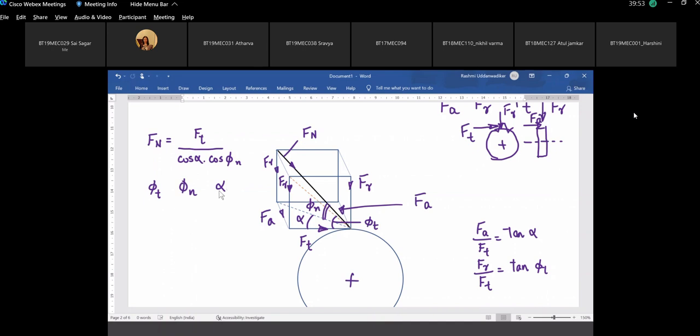Relation between phi t, phi n and alpha independent of these forces. Sarthak? Surya?